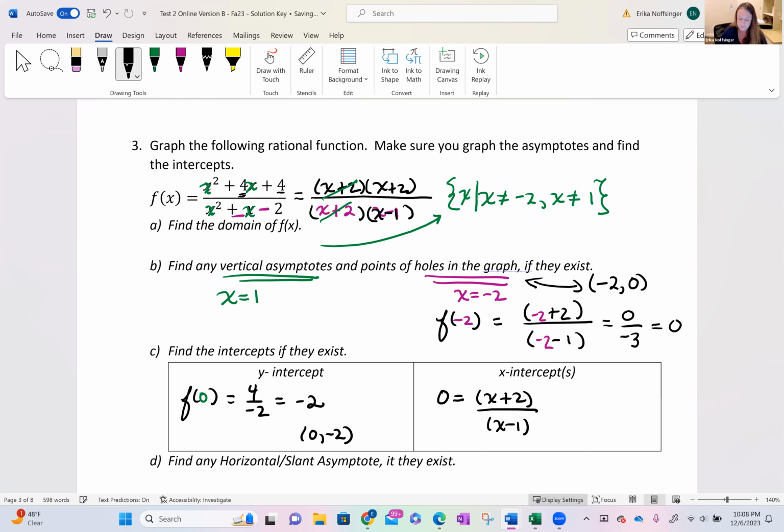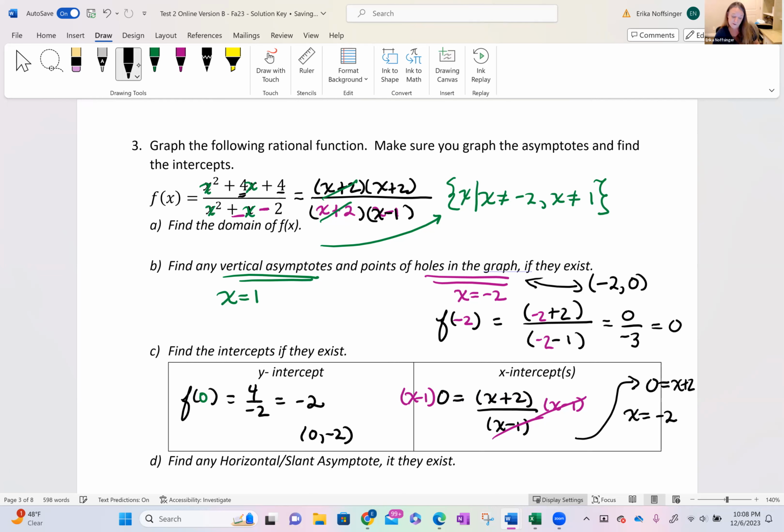But if I multiply both sides by my x minus 1 to clear my fraction, which we were solving for rational equations at the beginning of the semester. And so here's an example where we're using it later on. So it's testing multiple things that we've learned in this course. So we have 0 is equal to x plus 2. And so this is when x is equal to negative 2.